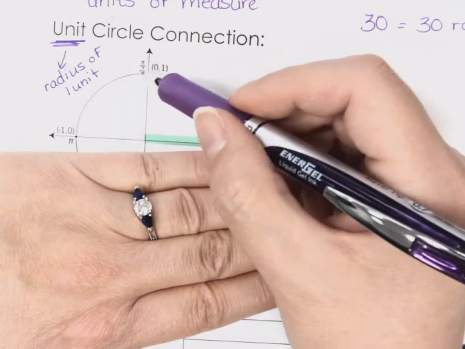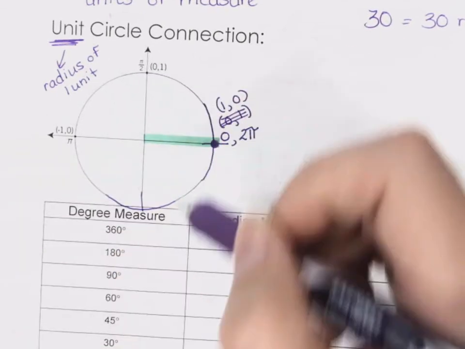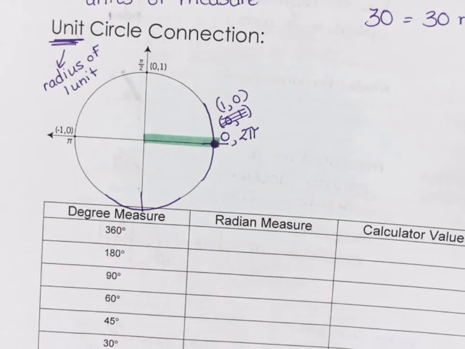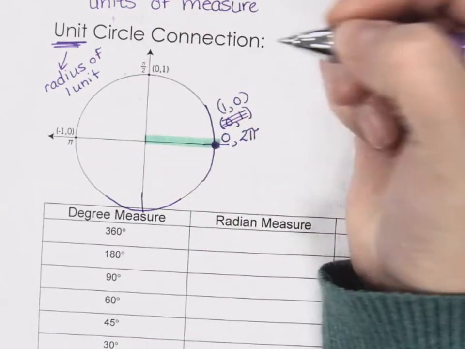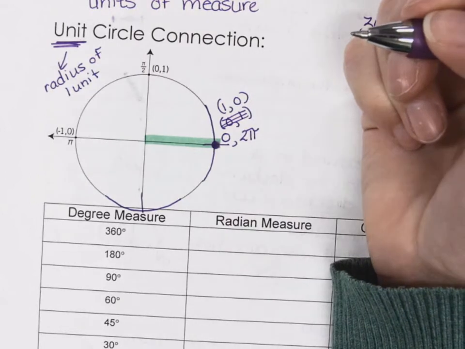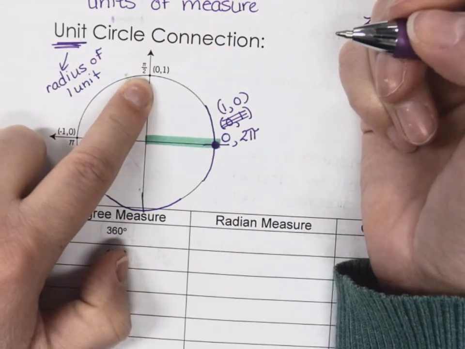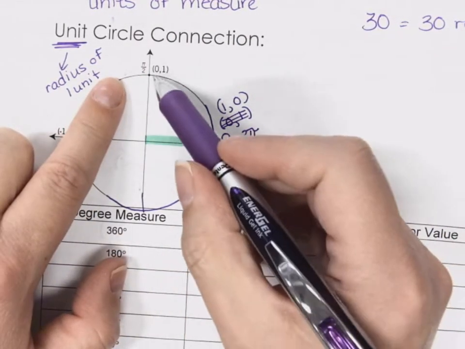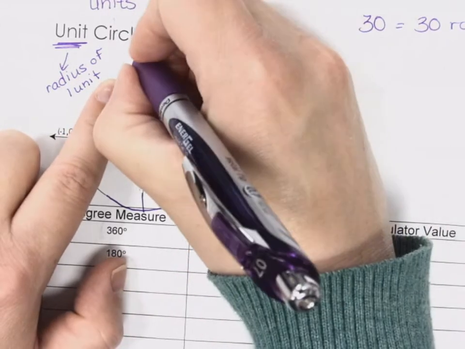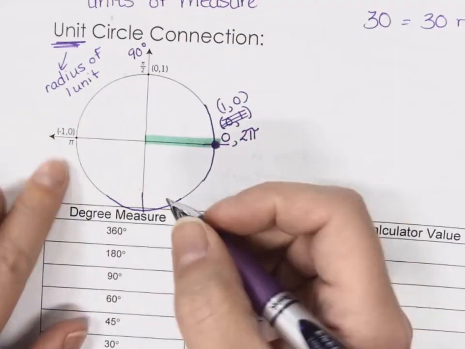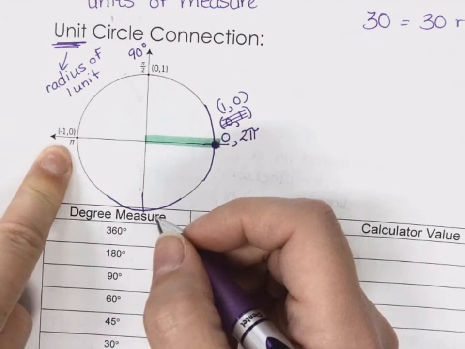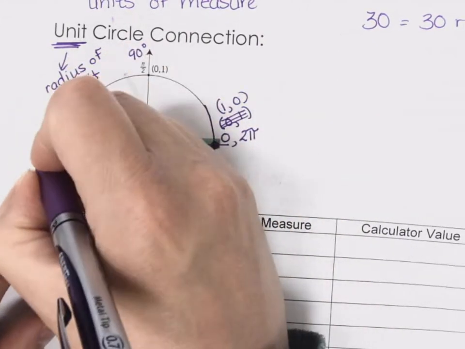What is half of a pi? Well, it's pi over 2. So you're just saying I have half of a pi. What's the angle measurement that goes with that? You guys know this. 90 degrees. Okay, what's the angle measurement at pi? 180.